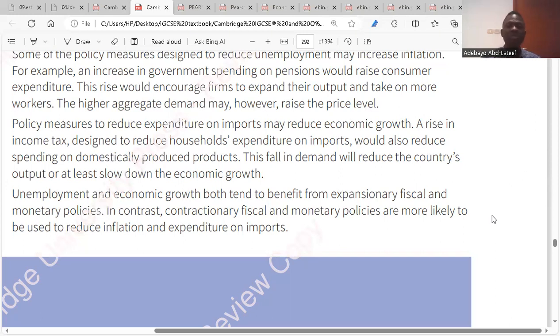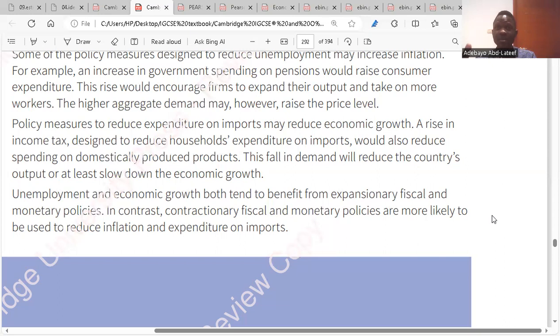They said government can use expansionary fiscal policy. Using expansionary fiscal policy means reducing income tax or corporation tax. Profit will increase, and firms will be able to employ more workers. Expansionary, yes.